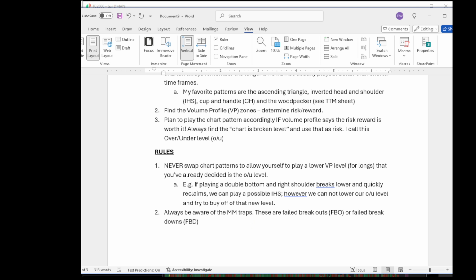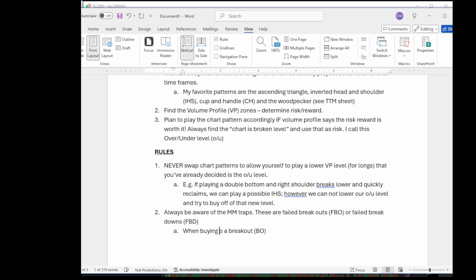Now, with this one, when playing a breakout, is breakout one or two words? Breakout. There we go. When playing a breakout, I guess I should put when buying on a breakout.